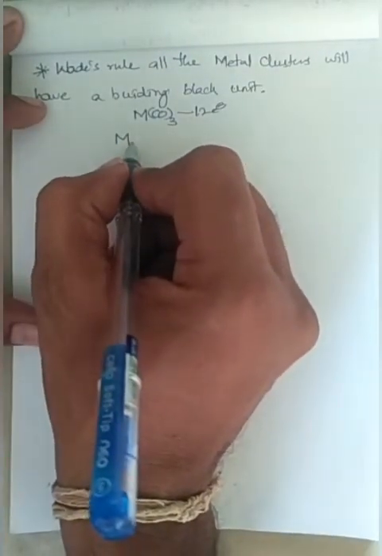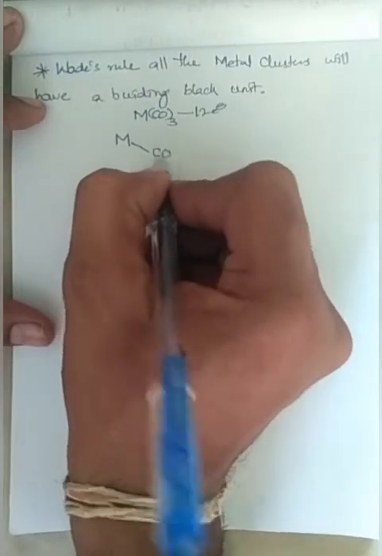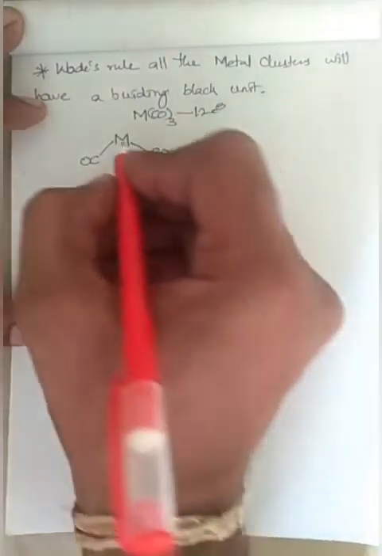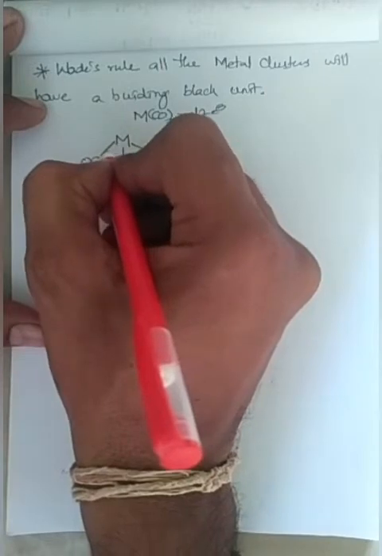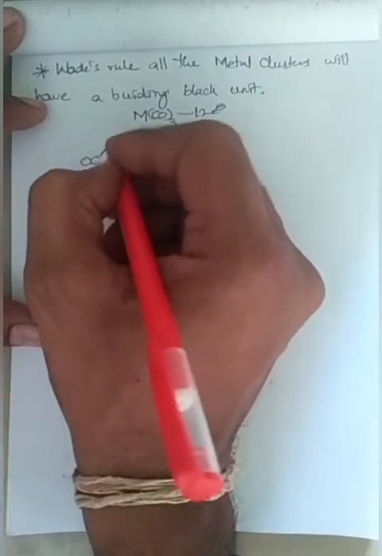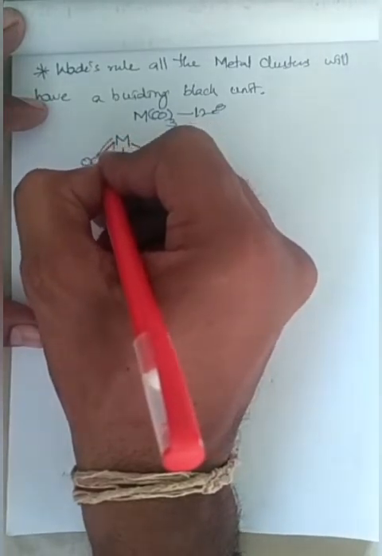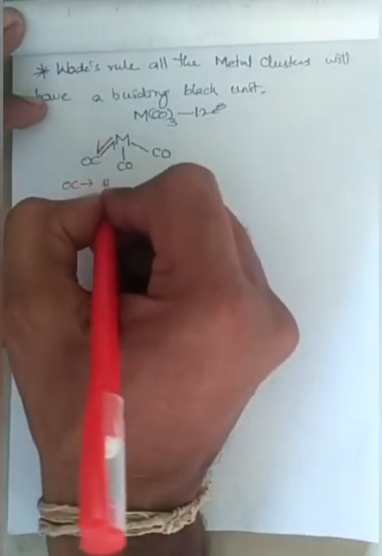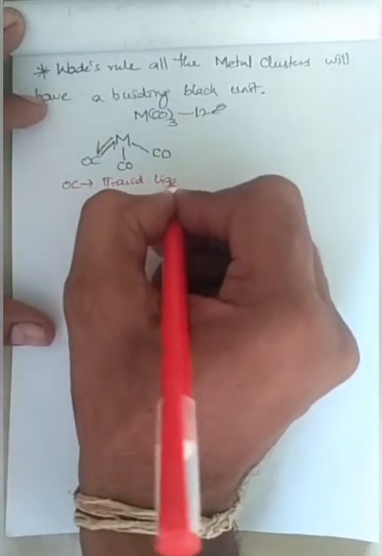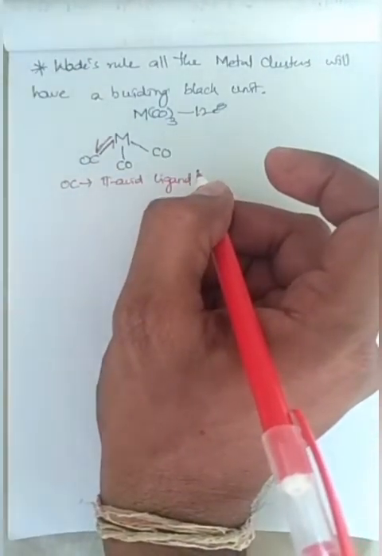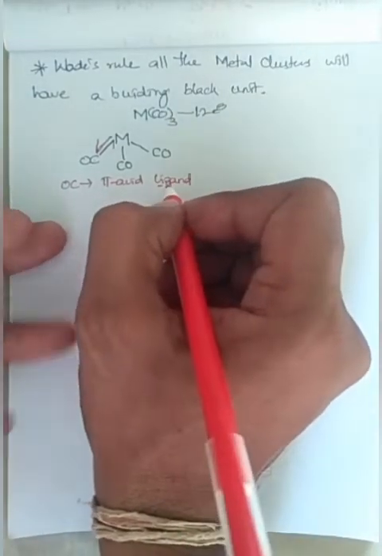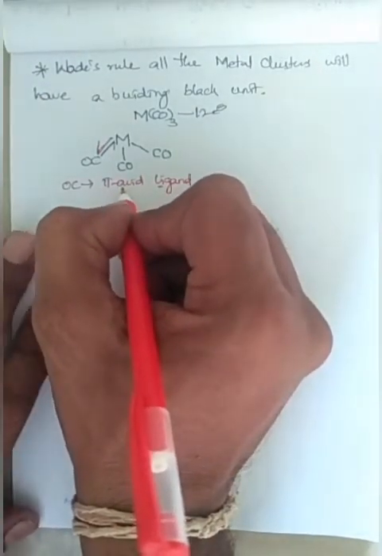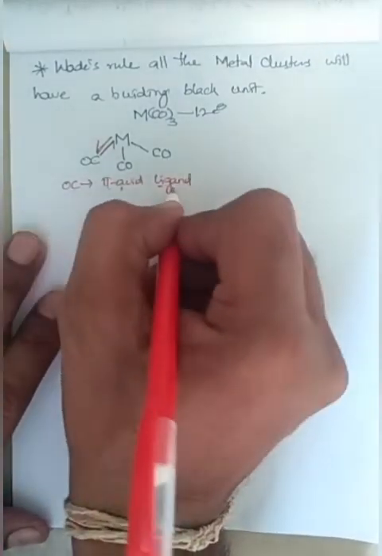We know that when the tricarbonyl binds with the metal, the carbonyl will donate a pair of electrons from carbonyl to metal, and it also accepts electron density from the metal, as carbonyl is a pi-acidic ligand, which means it can donate the pair of electrons and act as a ligand, and it also accepts the electron density from the metal, so it acts as an acid. So carbonyl is a pi-acidic ligand, right?